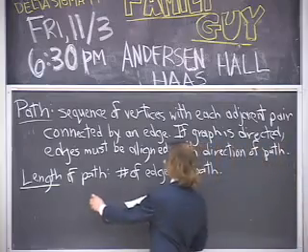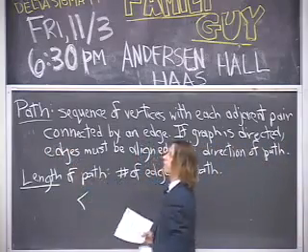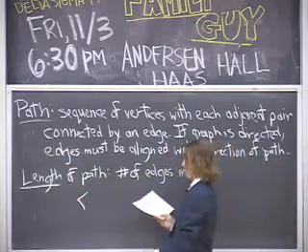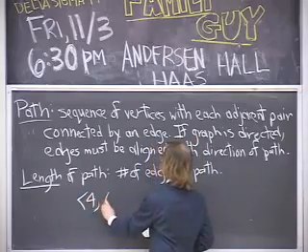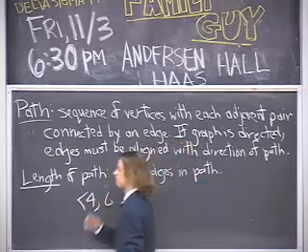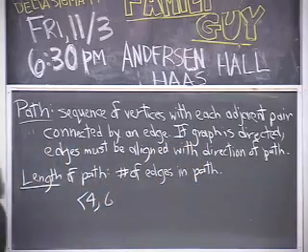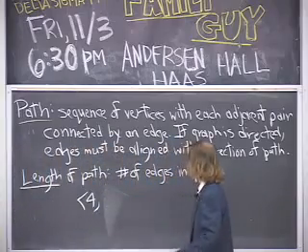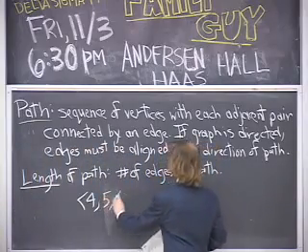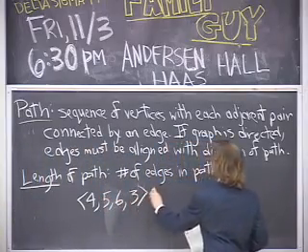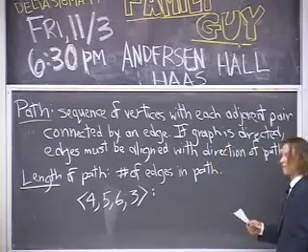So if you have, for instance, in that graph over there, 4, 5, 6, 3 is a path. And it's a path of length 3.